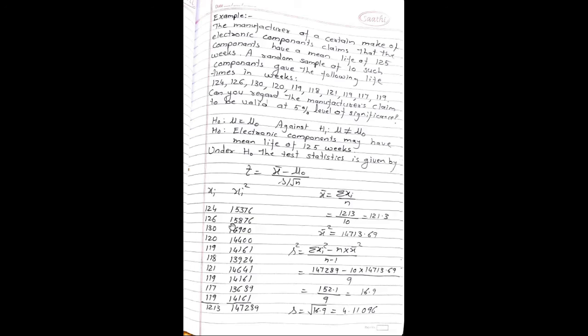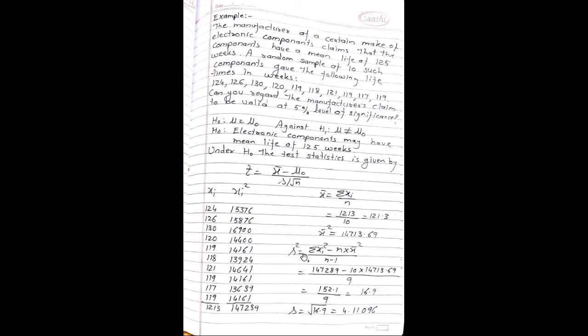15,376 plus 15,876 plus 16,900 plus 14,400 plus 14,161 plus 13,924 plus 14,641 plus 14,161 plus 13,689 plus 14,161. So the value becomes 147,289.